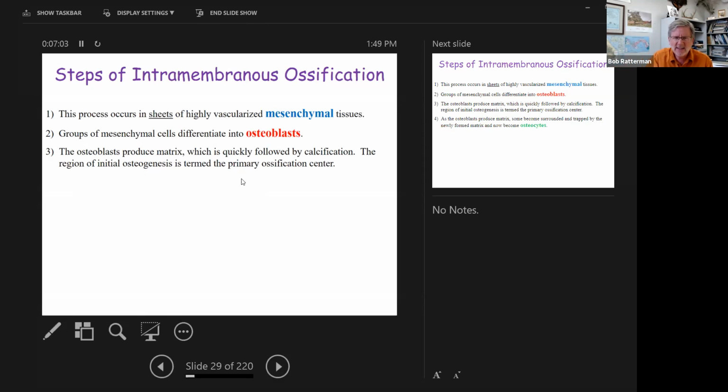And this process occurs when these cells are differentiating into osteoblasts, and eventually matrix is laid down in regions of that mesenchymal tissue that are referred to as primary ossification centers. So this gets at the idea that ossification starts at a particular zone, if you will, within those layered sheets, and spreading out from that, bone is laid down.